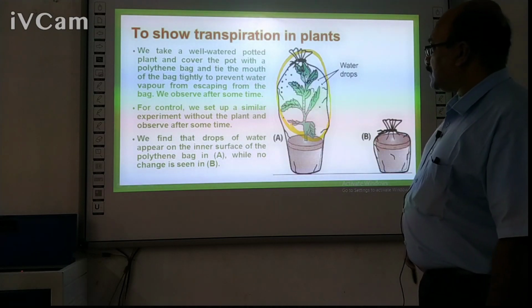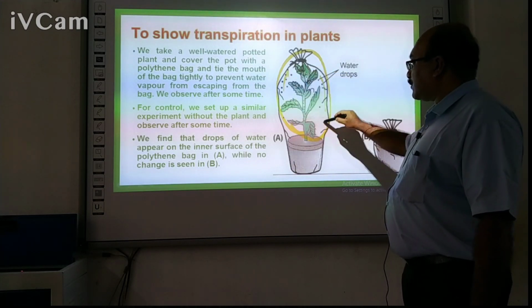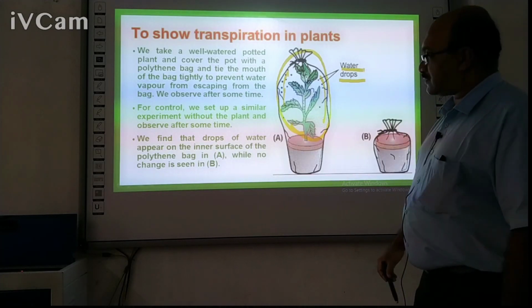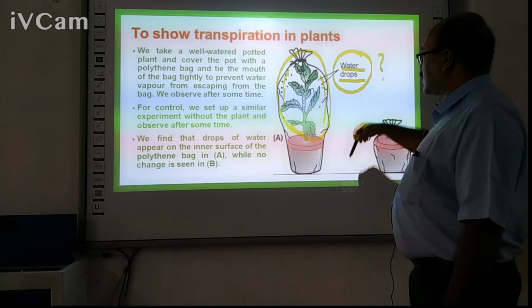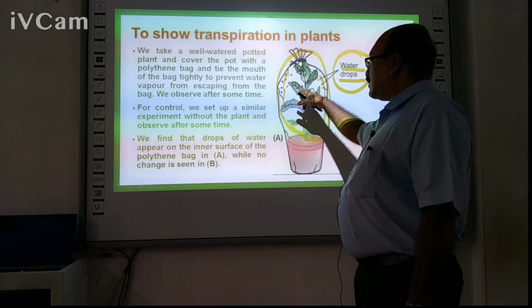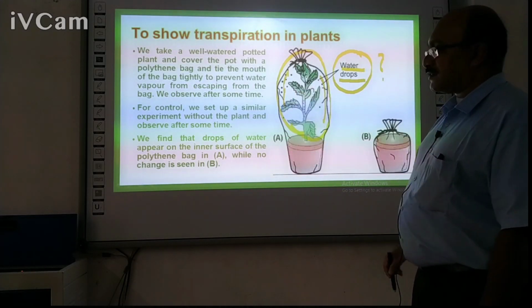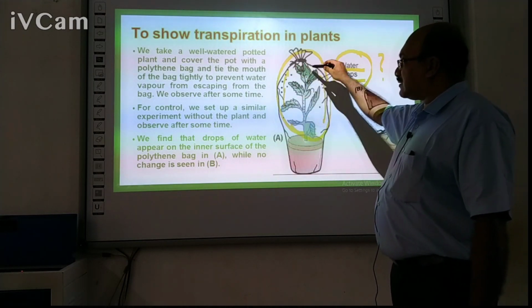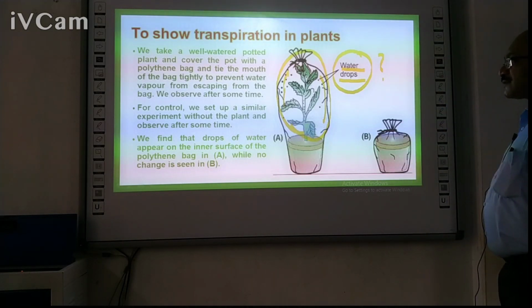Then what do we observe? We observe that in the inner layers of the polythene bag, water droplets are getting collected. From where have these water droplets come? These water droplets have come from the leaves. The leaves lose water in the form of water vapor, which comes out and gets condensed in the inner layers of the polythene bag.